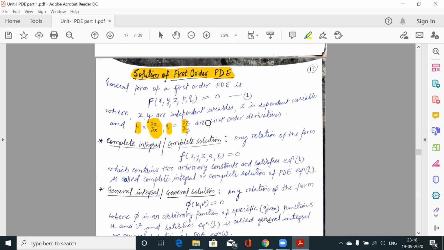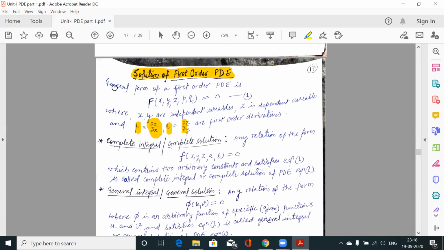Others are higher order derivatives. z is the dependent variable, and its first order derivative is either del z over del x or del z over del y. Any partial differential equation which includes these two derivatives, we are not concerned about the degree, because it may be a first degree equation or a higher degree equation.